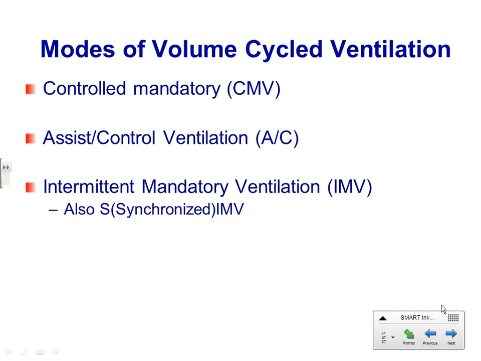But with the intermittent and synchronized, if the patient takes a breath on their own, the ventilator will not give additional breaths per minute. They will just get what that set rate is. So it's only going to give those breaths to maintain, say, a 10 breath per minute rate. If the patient takes 2 breaths on their own, then the ventilator is only going to give them 8 breaths.